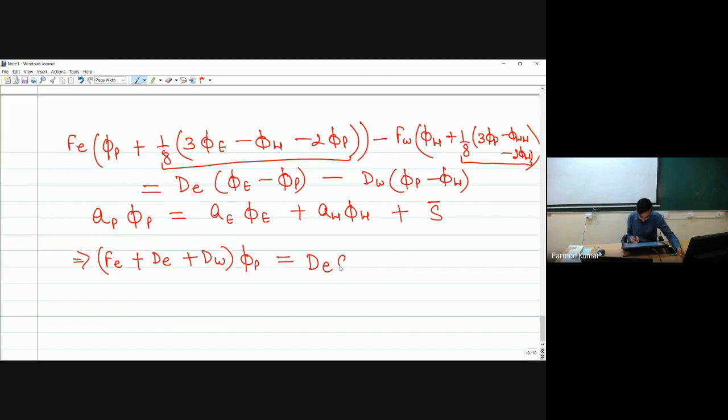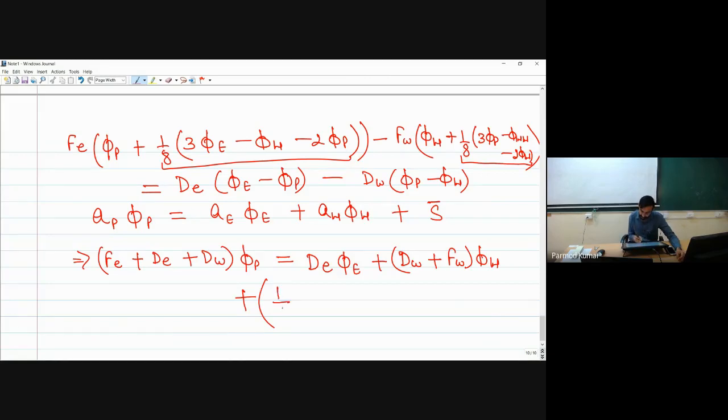that will be equal to dE into phi E plus dW plus FW into phi W, and in the source term I will be having all these quantities.